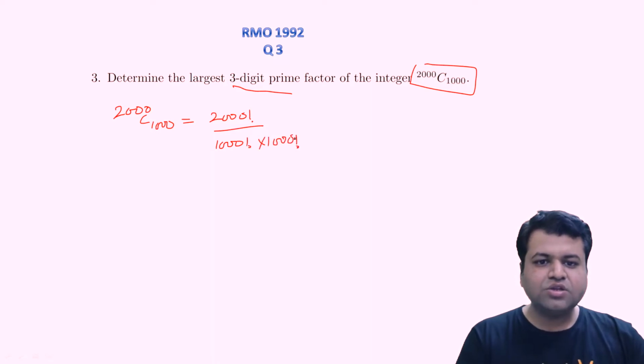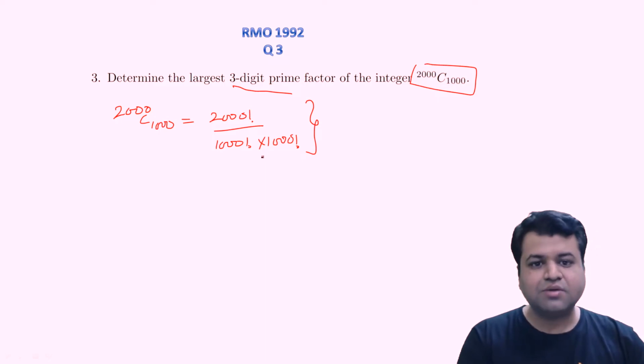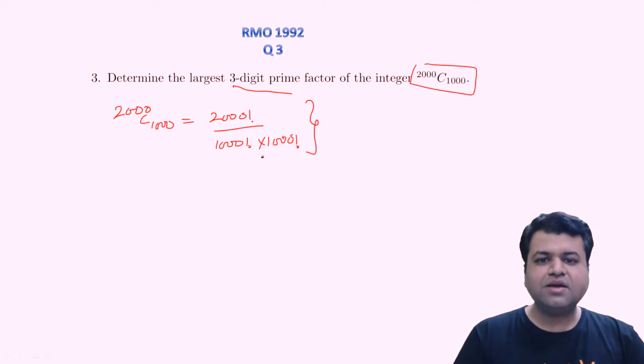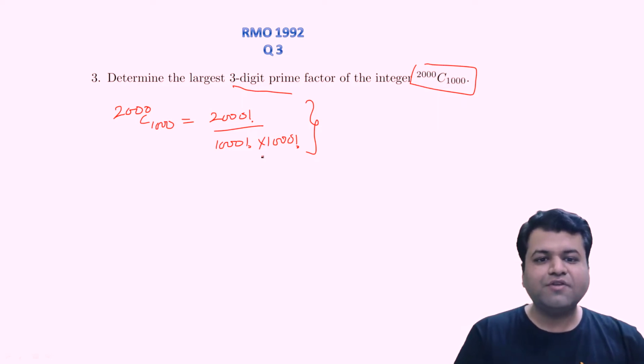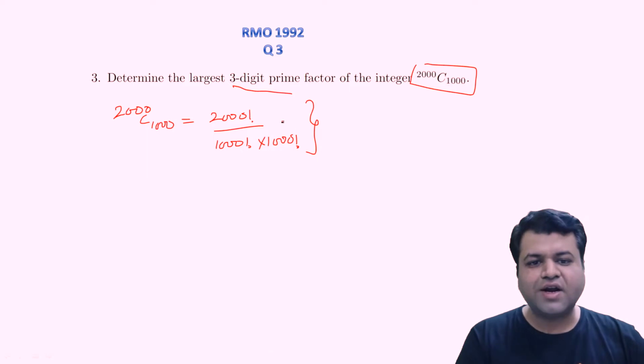right? So obviously nCr is always a natural number. Now we need to see which is the largest 3-digit prime number which is divisible by this, or we can say what is the largest 3-digit prime factor of this number.